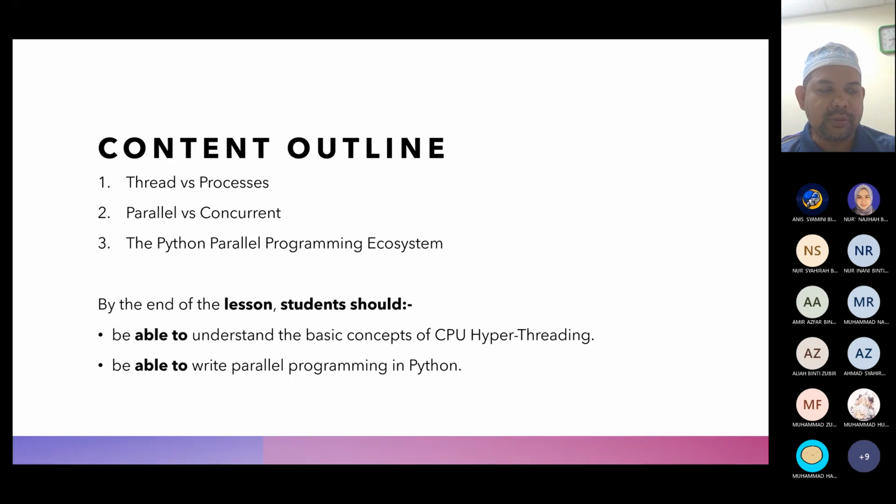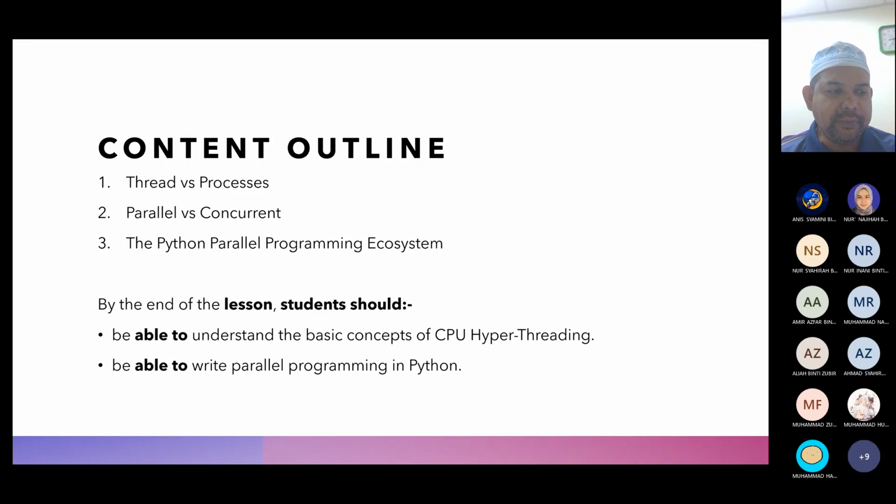How to manage it? How to list down all processes in the OS, right? And then the second part of the chapter content, parallel versus concurrent. And last we go to Python programming, the Python parallel programming ecosystem.